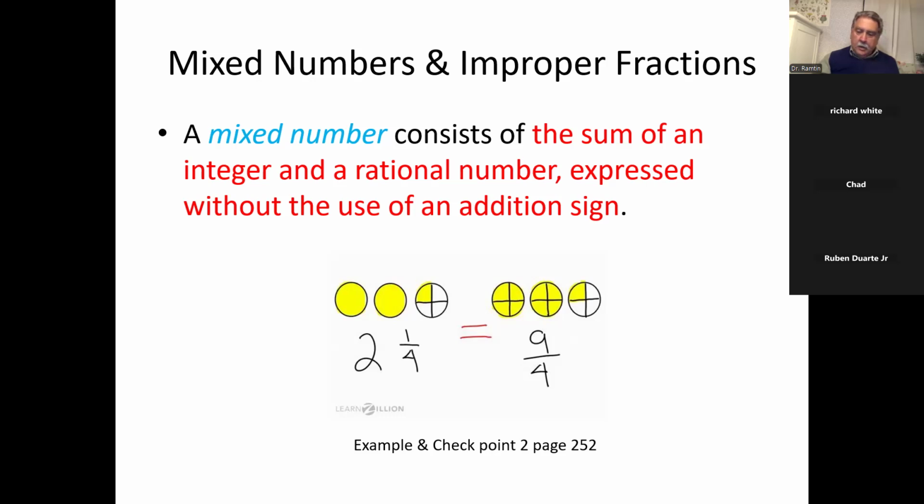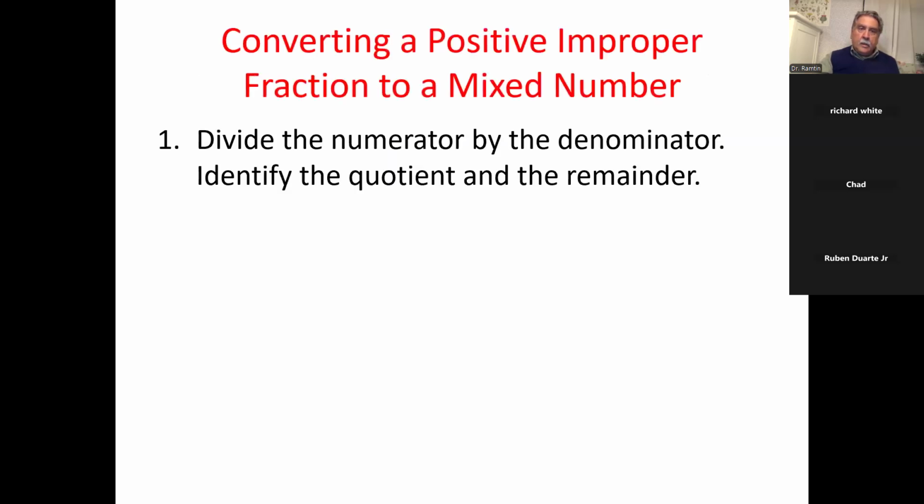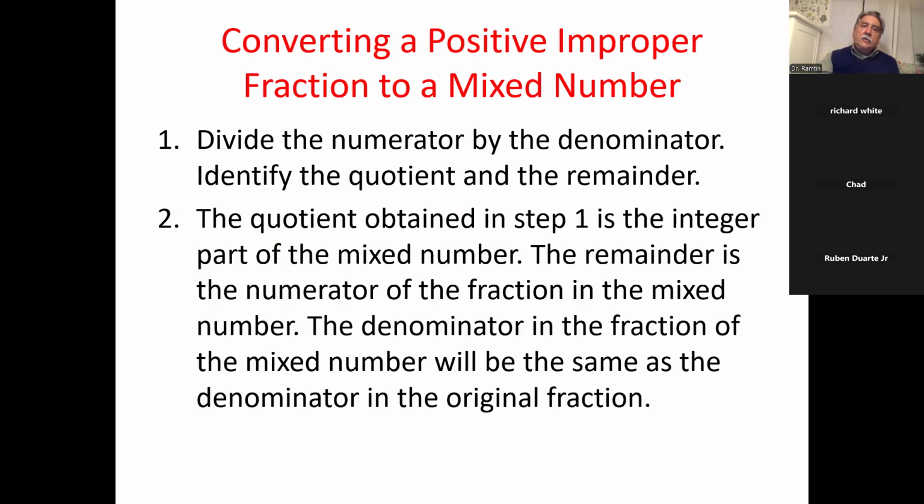All right. Converting improper fraction to mixed number, you divide the numerator by the denominator, you identify the quotient and the remainder. The quotient that you find in step 1 is the integer part of the mixed number.